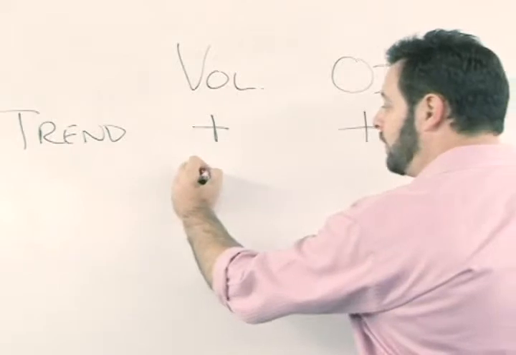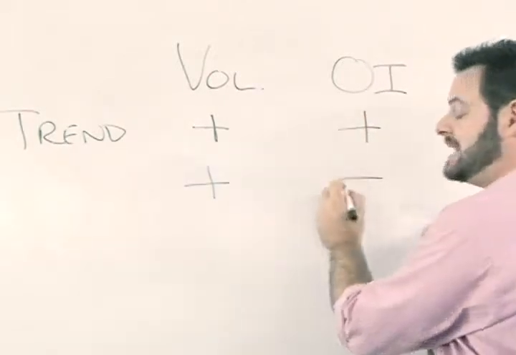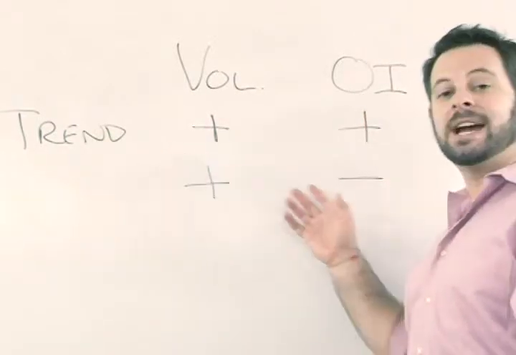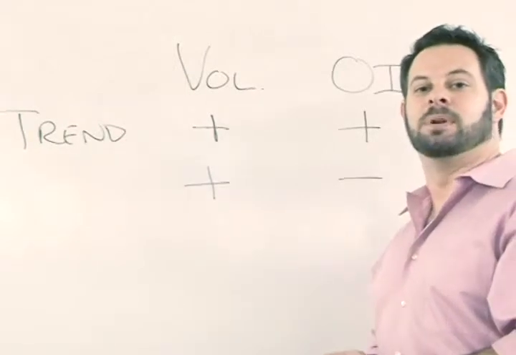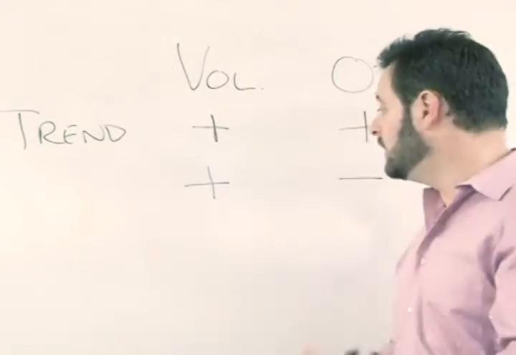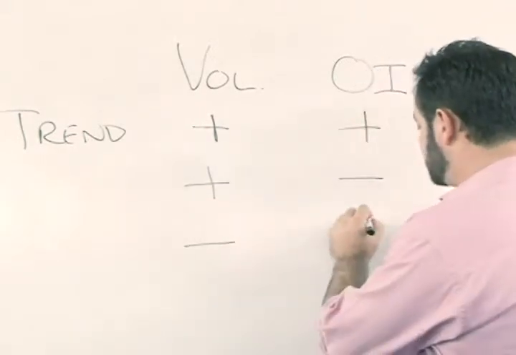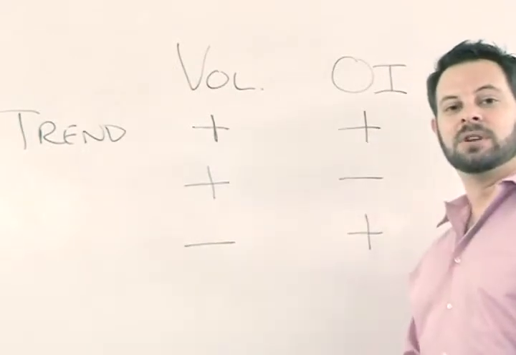However, if we see that volume is increasing while open interest is decreasing, that is actually showing us that people are exiting from their contracts, and therefore the trend might actually be in a bit of trouble. Well, if we see that volume is decreasing and open interest is still going up, we may also see that same signal.